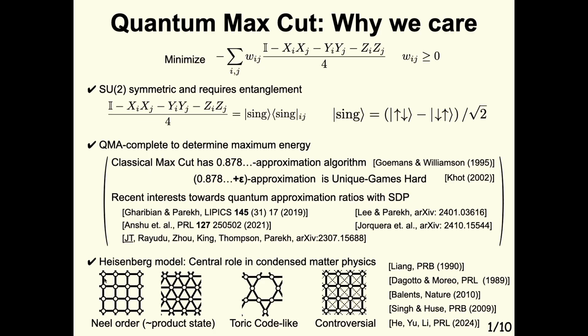It's well understood that if you have a square lattice, then the ground state is something close to a product state. But once you move to slightly more complicated graphs, like the square lattice with next nearest neighbor interactions, then we don't even know what the ground state looks like today.